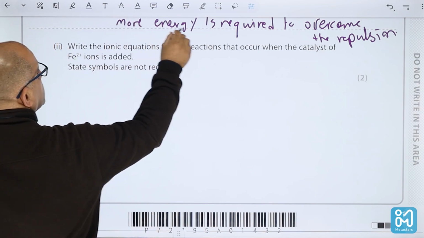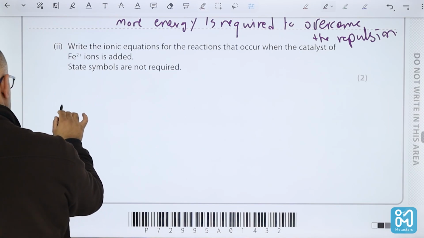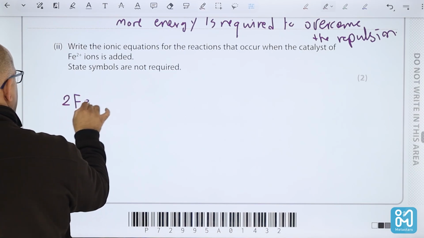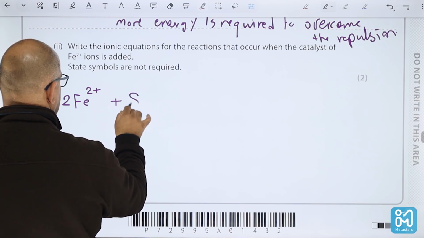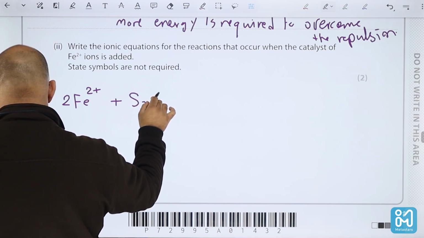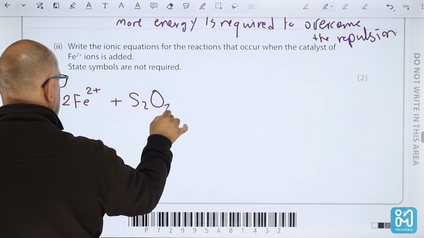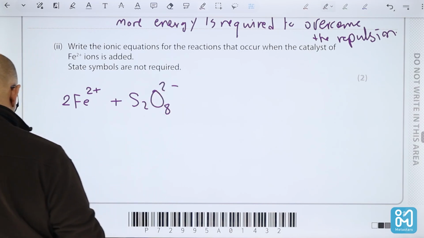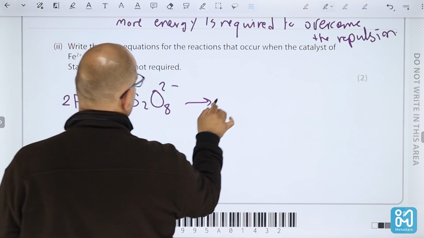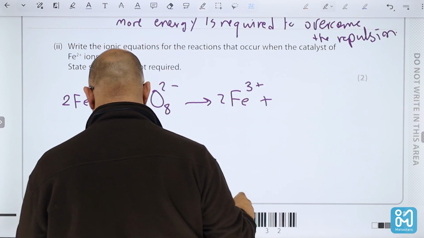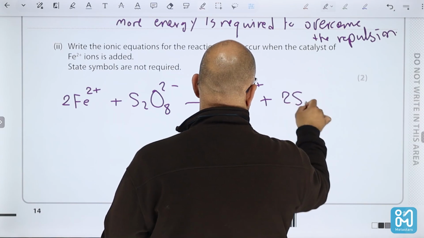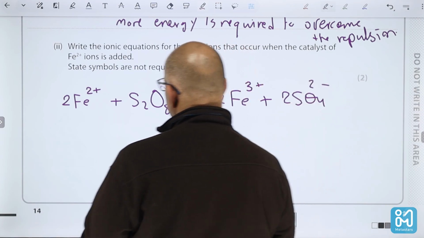It will be like that: 2Fe positive 2 plus the first reagent, 2S2O8 negative 2, goes to 2Fe positive 3 plus 2SO4 negative 2, from the original equation.